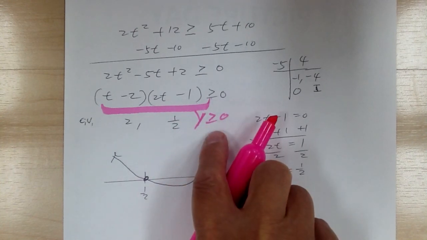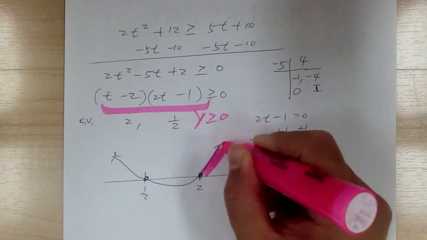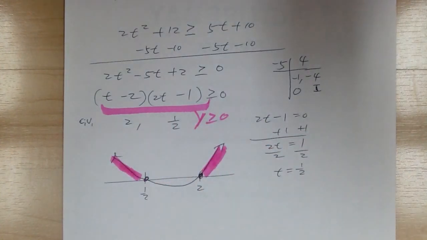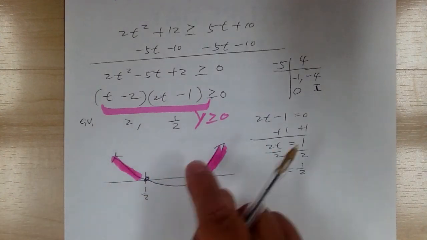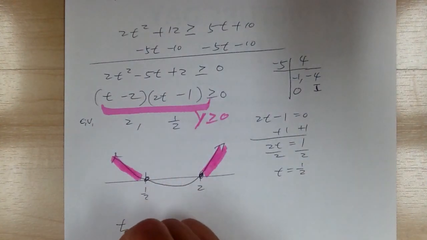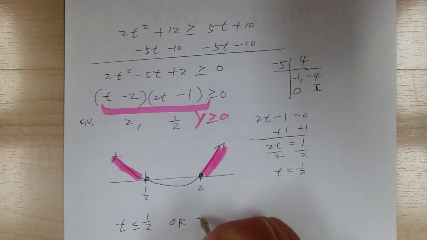So y greater than or equal to 0 is this part right over here, and this part right over here. You can look at the y. So you have to switch back and forth between the x and the y. So when you write the answer, you have to go back to, in this case, t. So you're going to get t is less than or equal to 1/2, or t is greater than or equal to 2.